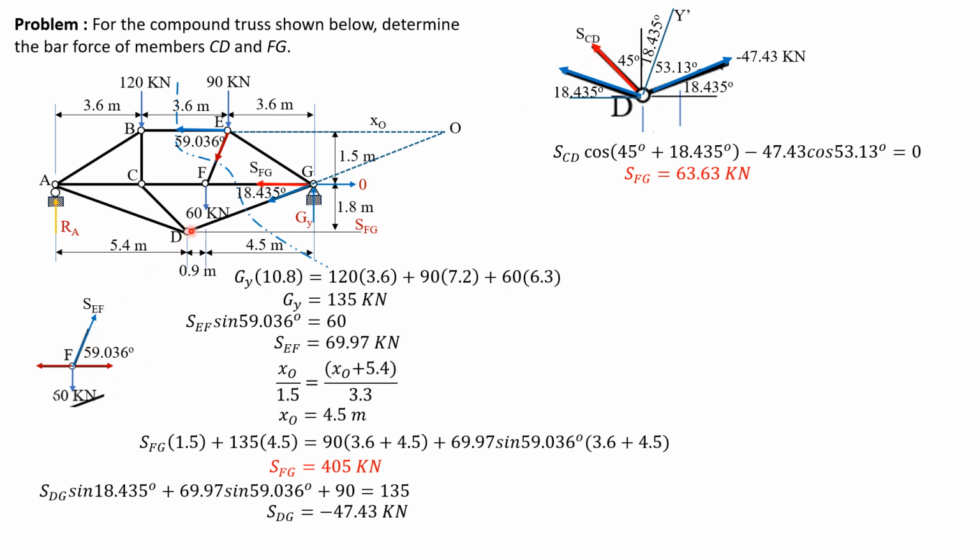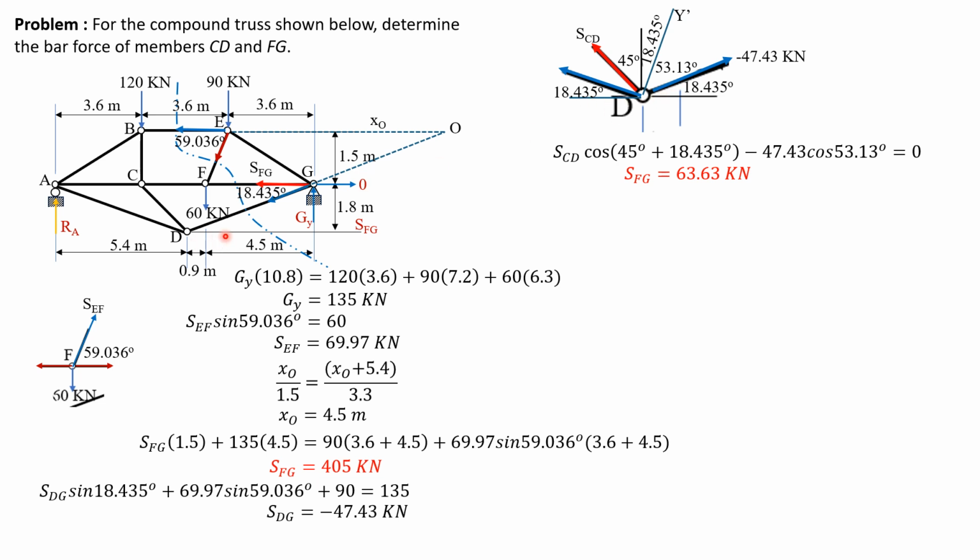The angle that SCD makes with the vertical: this is 7.2 minus 5.4 minus 3.6, which is 1.8 horizontally and 1.8 vertically, so the angle is 45 degrees, while the angle that AD and DG make with the horizontal is 18.435 degrees.